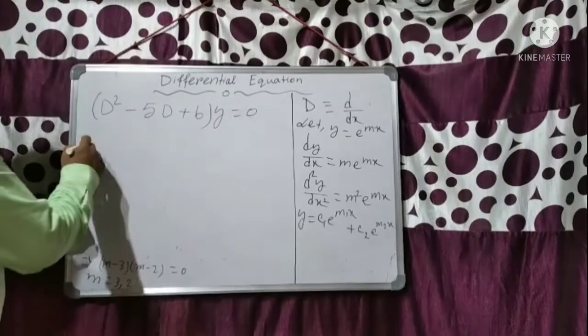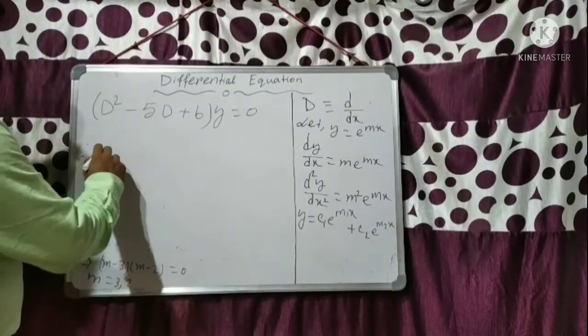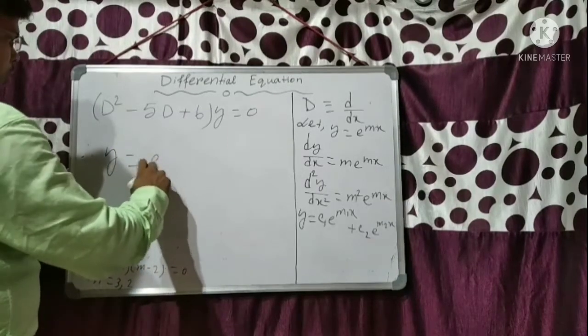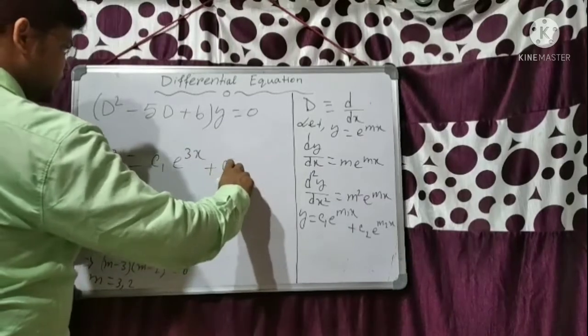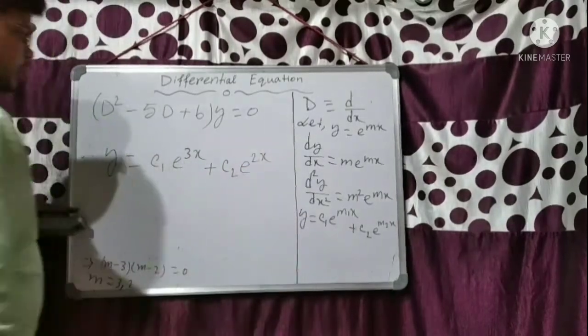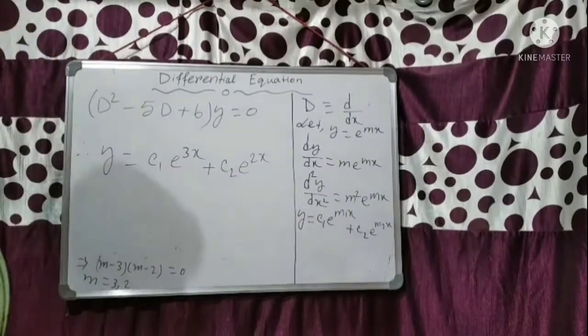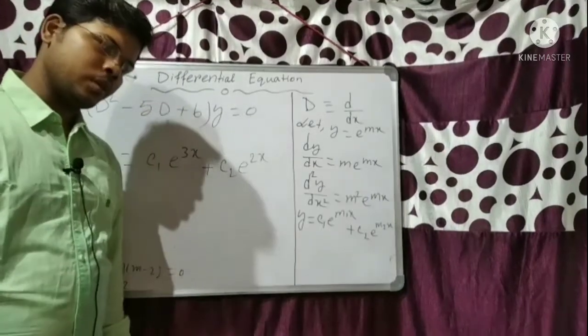Therefore the solution of this differential equation is y equal to c1 e to the power 3x plus c2 e to the power 2x. This will be the general solution of this differential equation.